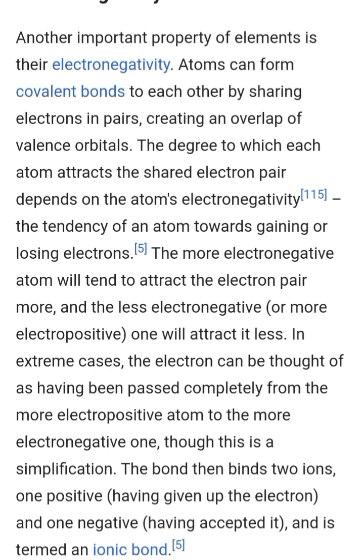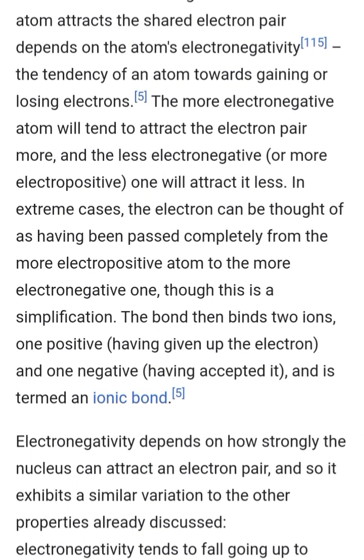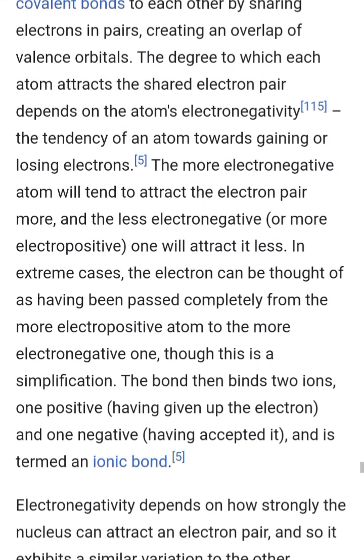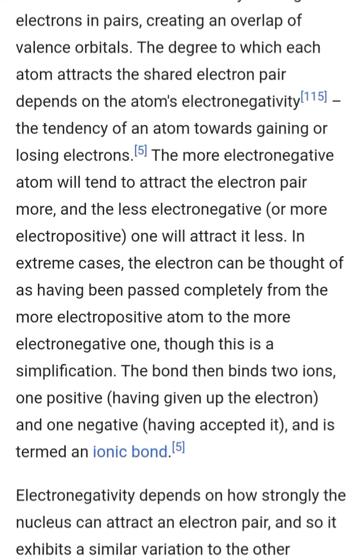So the more electronegative atoms tend to attract the electron pair more, and the less electronegative atoms tend to attract electrons less. Take note of that. It's very, very important. So more electronegative elements attract electrons more, and less electronegative elements attract electrons less.